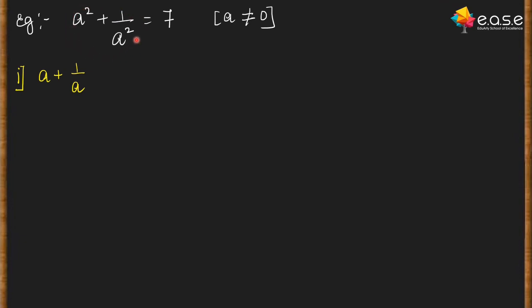we have a formula. What is the formula? a plus 1 by a the whole square is equal to a square plus 1 by a square plus 2. Correct? So your 2 is missing in this case, right?